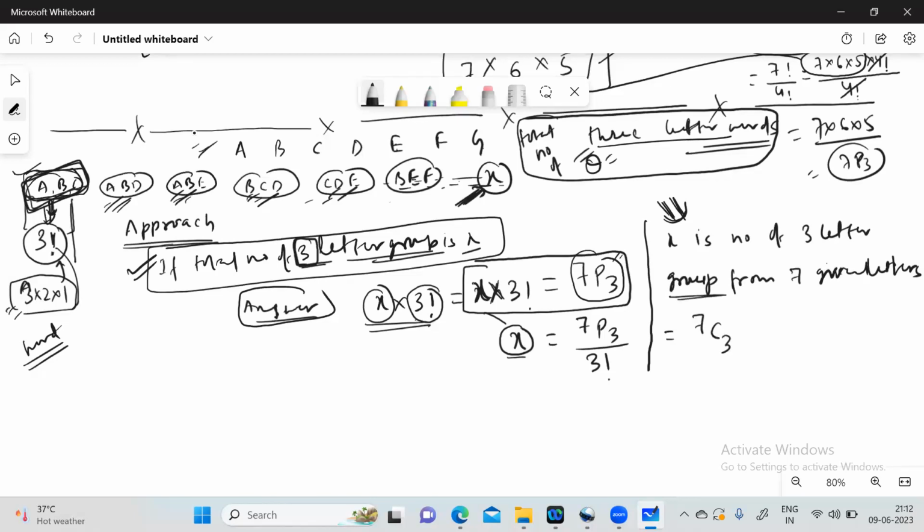The group is also called a combination. So now we know 7C3, how will we calculate it? If we calculate this, it will become 7 factorial divided by 7 minus 3 factorial.